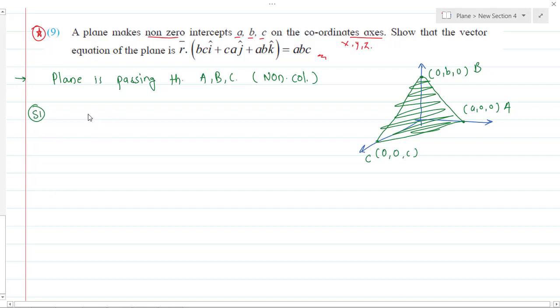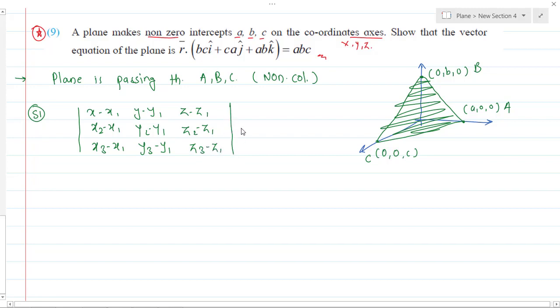The equation of the plane is simply the determinant with rows: x minus x1, y minus y1, z minus z1; x2 minus x1, y2 minus y1, z2 minus z1; x3 minus x1, y3 minus y1, z3 minus z1.